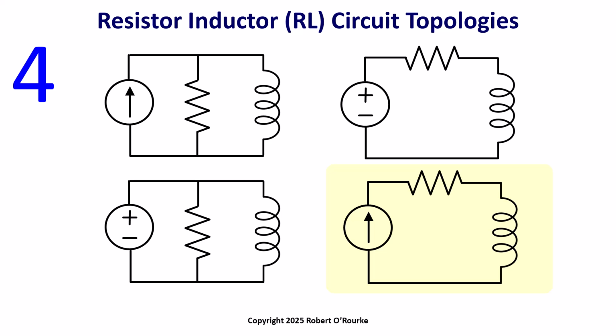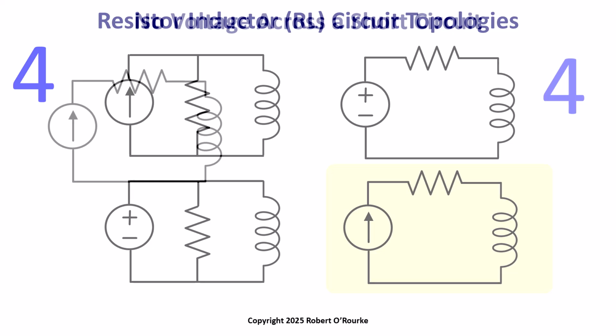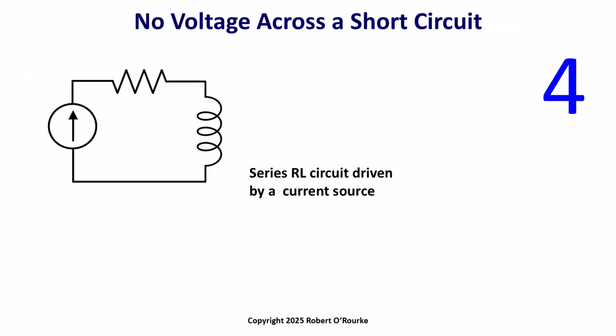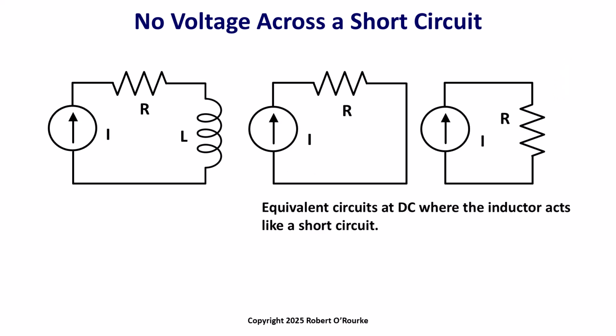Now we have the last of the four RL topologies to analyze: a series RL circuit driven by a constant current source. Modeling DC by shorting the inductor, we get these two equivalent circuits for the original RL topology on the left.